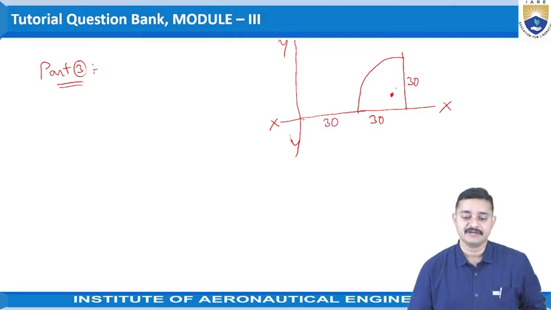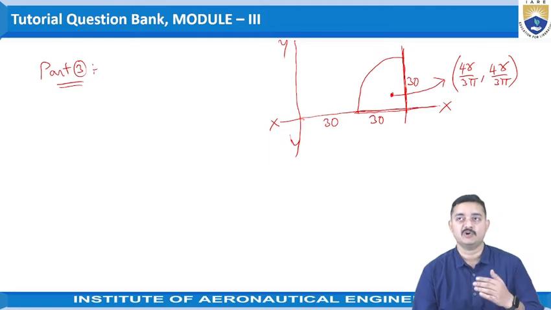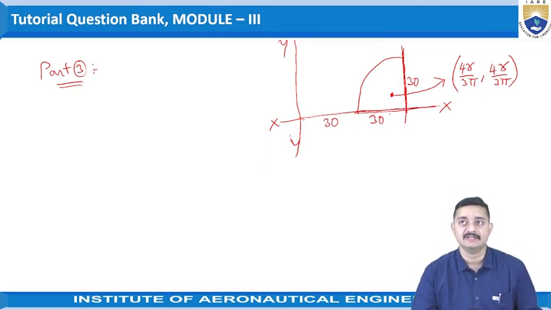Now coming to the quadrant, the centroid will be lying at a distance of 4r by 3 pi, comma 4r by 3 pi as per the formula from this axis. As we have seen in the triangle, the same case here also we can observe here that the coordinates of the centroid of this particular quadrant will be from this vertical and horizontal positions.